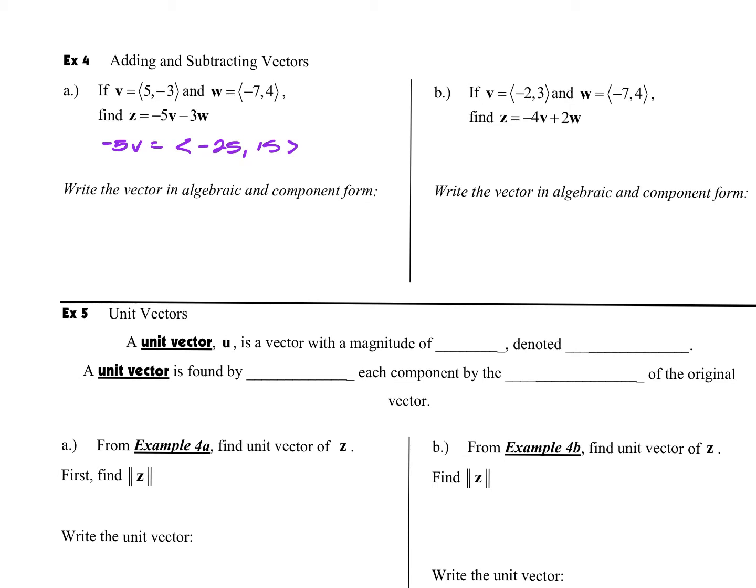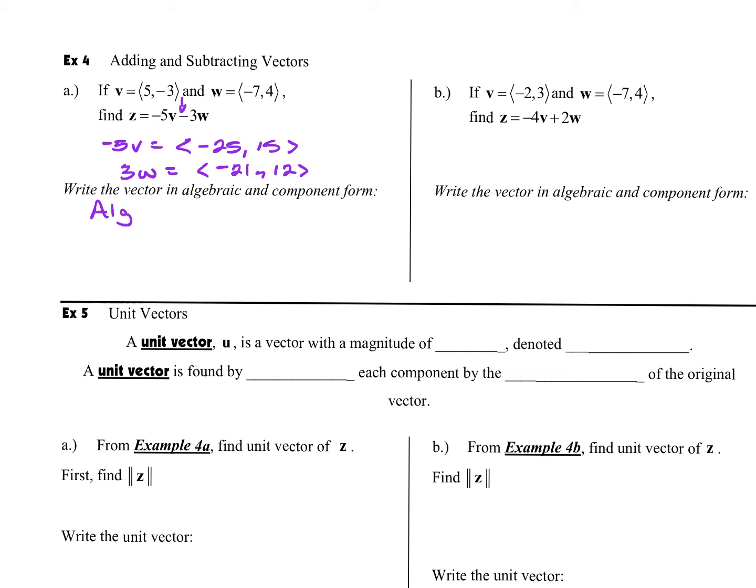Then I would write out my 3w. Now, if you wanted, you could use a negative 3w. Okay, so you could do the negative and then add your components, but I'm just going to do the 3w. So if I take my w vector and multiply that by 3, that's going to give me a negative 21 and a 12.